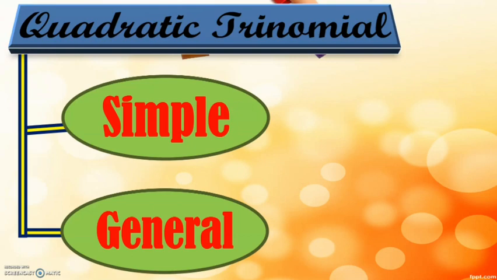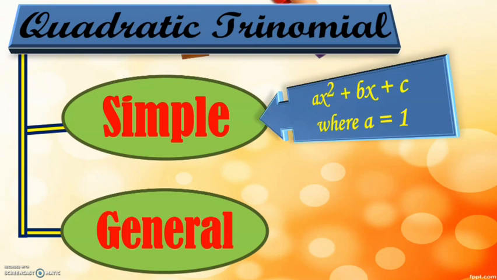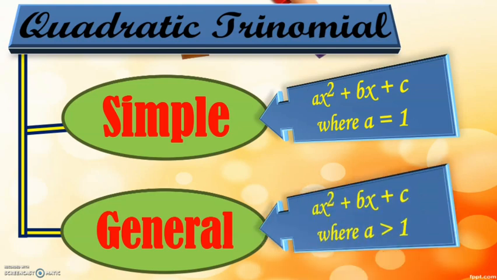A simple quadratic trinomial is written in the form ax squared plus bx plus c, wherein a is equal to 1, while a general quadratic trinomial is written in the form ax squared plus bx plus c, wherein a is greater than 1. So for today, we will be concentrating our lesson on how we are going to factor general quadratic trinomial.